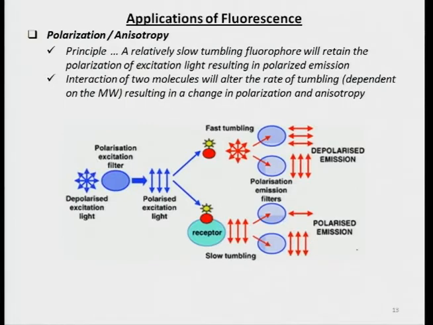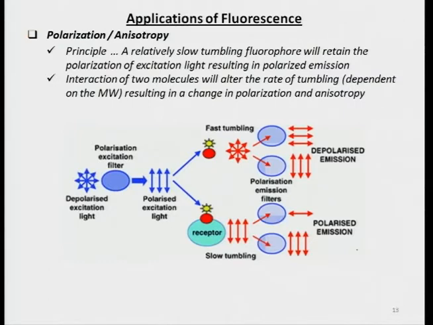So the principle is that light that is incident is typically normal light. It has all different vectors moving in all different directions. And you can filter out certain vectors using a polarizer, right? So you can make it plane polarized light in certain direction.